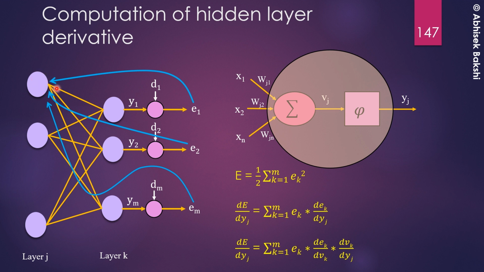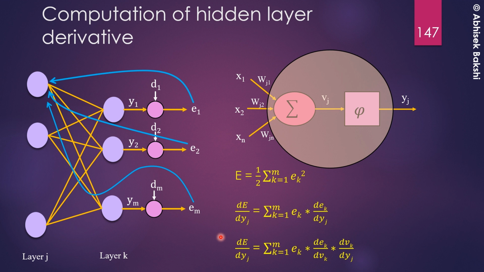So what do we have to do? Now see, the error that has been generated here is actually indirectly caused by these hidden layer neurons, because from these hidden layer neurons some data was forwarded towards here, even here, even here, by these three connections, and because of that ultimately you got some y's and then you got some errors.